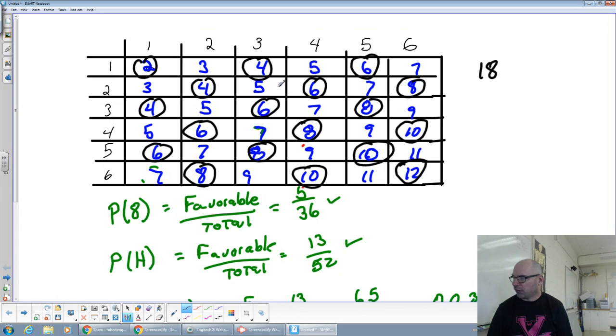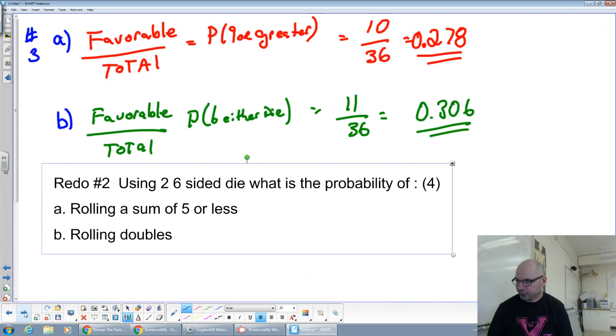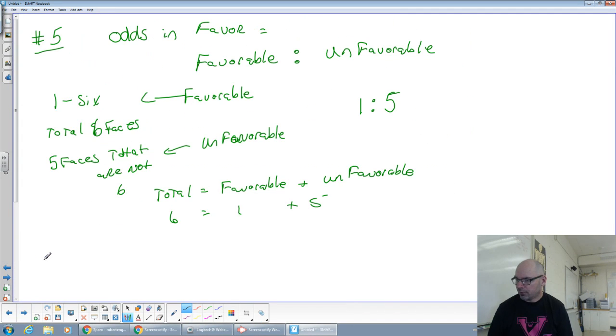1, 2, 3, 4, 5, 6, 7, 8, 9, 10, 11, 12, 13, 14, 15, 16, 17, 18. So we have 18 favorable, which is basically even.